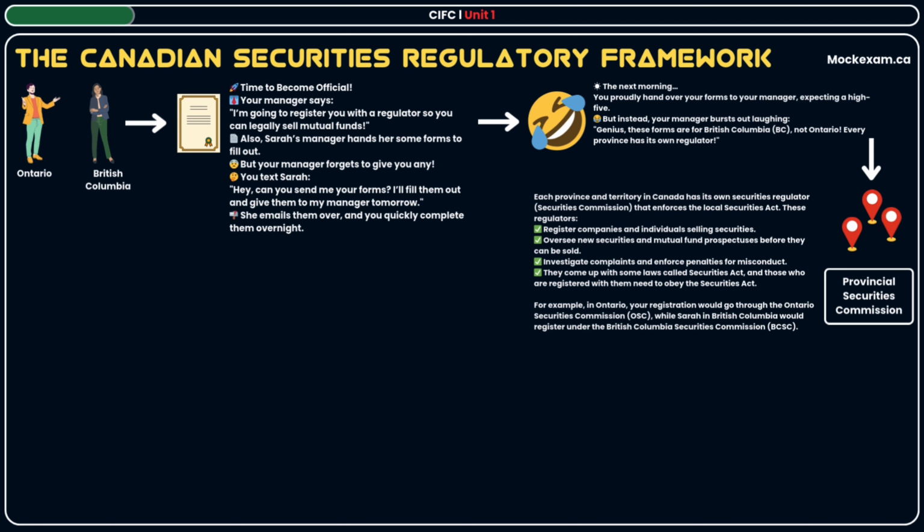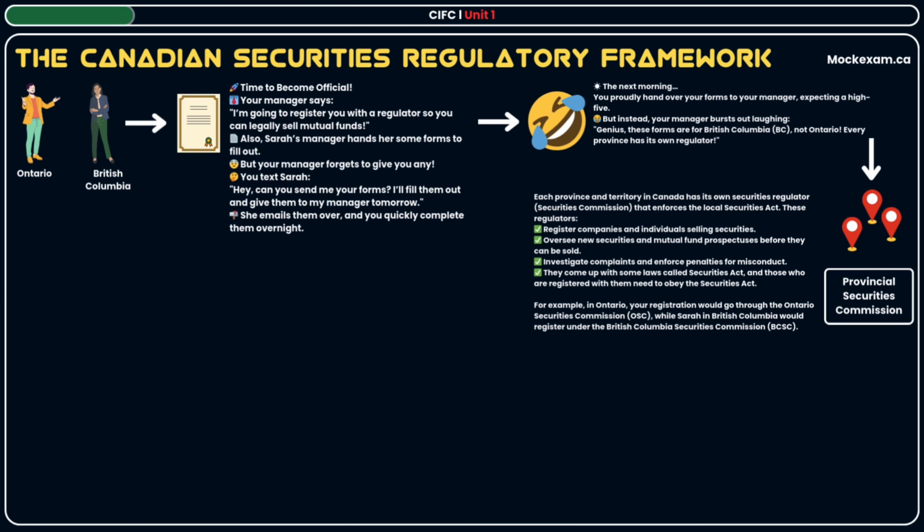The third responsibility is that provincial regulators investigate complaints and enforce penalties for misconduct. If an investor doesn't like your service, they can complain to the Provincial Securities Commission.